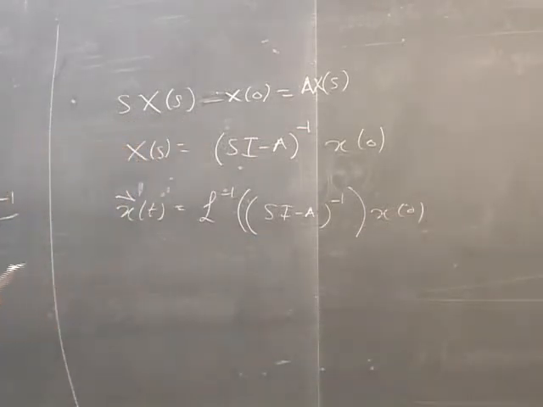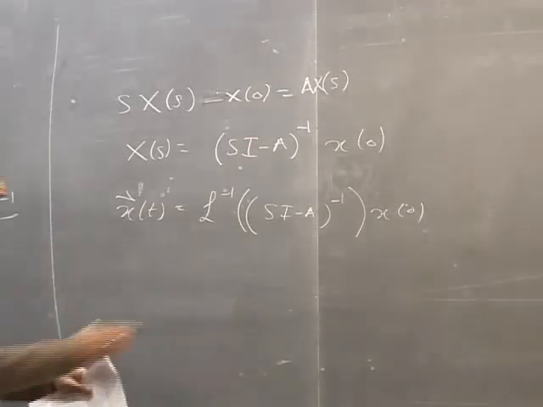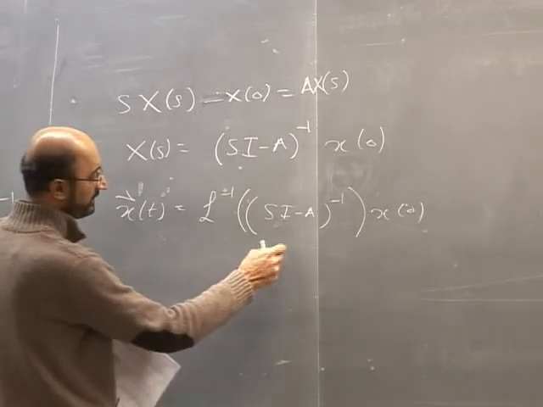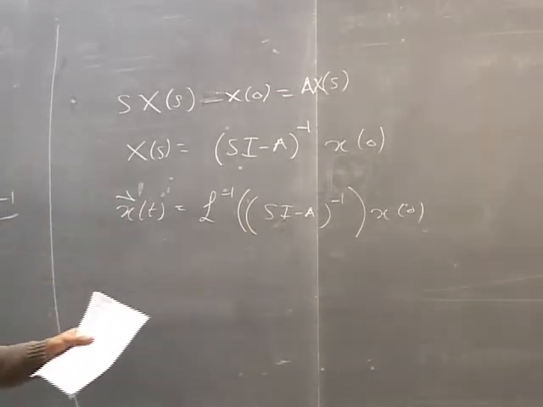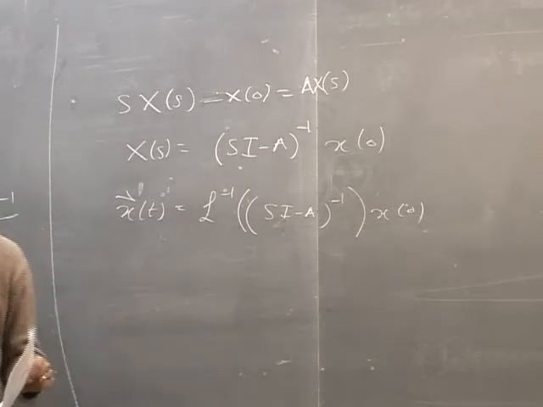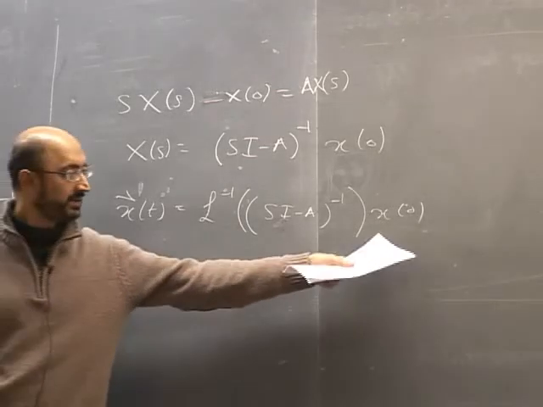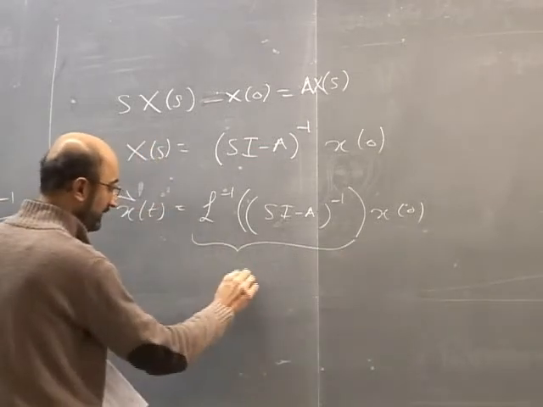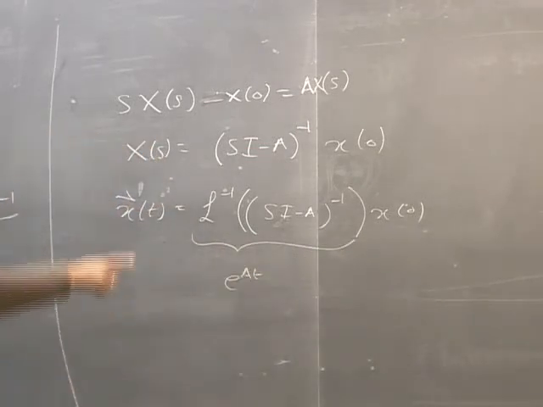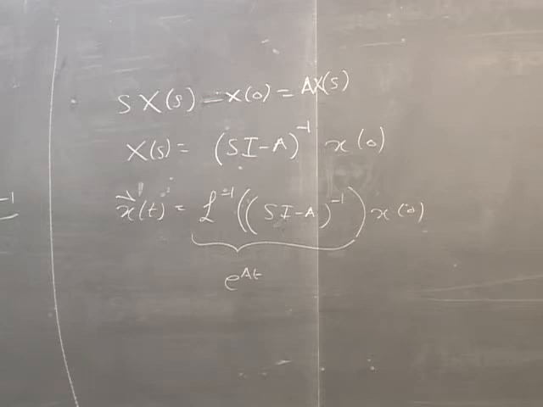So nice, compact, pretty, but incomprehensible. I mean, what's going on here, right? We have to basically compute the inverse of this matrix sI minus A, then compute the inverse Laplace transform of that, and then multiply by x0. So this actually is nothing more than e to the At. If you compare this with that, it's the same thing.